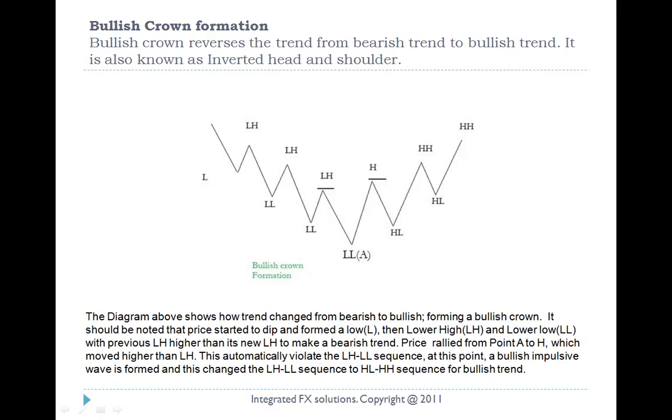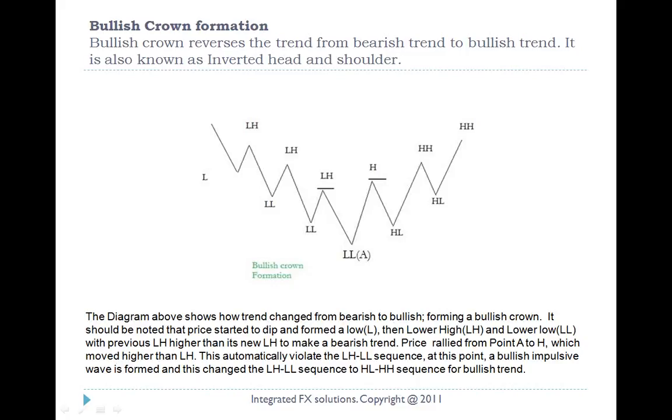Now, looking at the illustration on the screen, it's obvious that the price was waving bearish from a low to lower high, lower low, lower high, lower low and lower high. That means the lower low is lower than the previous lower low.